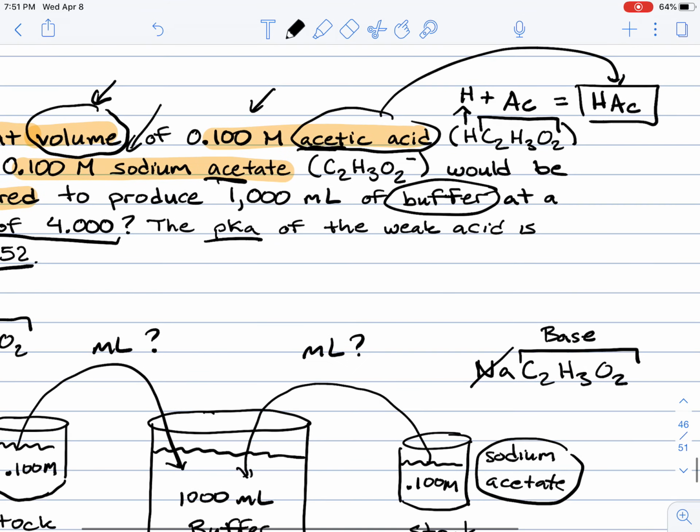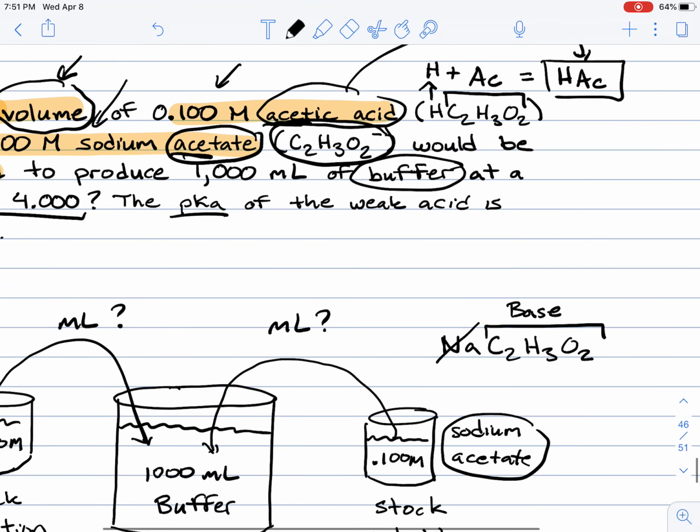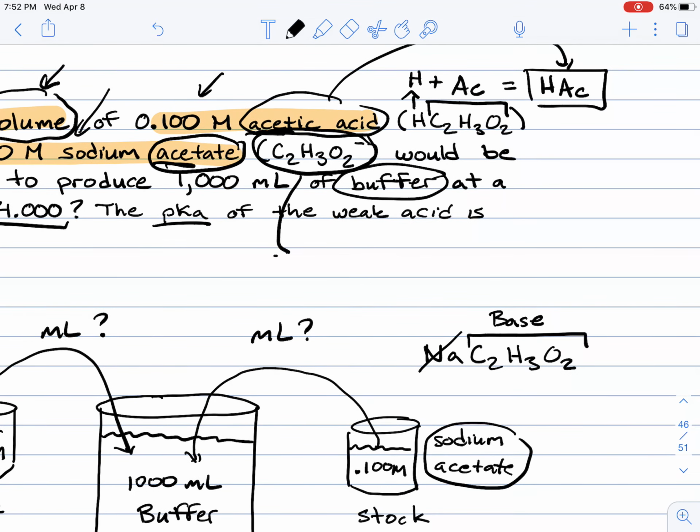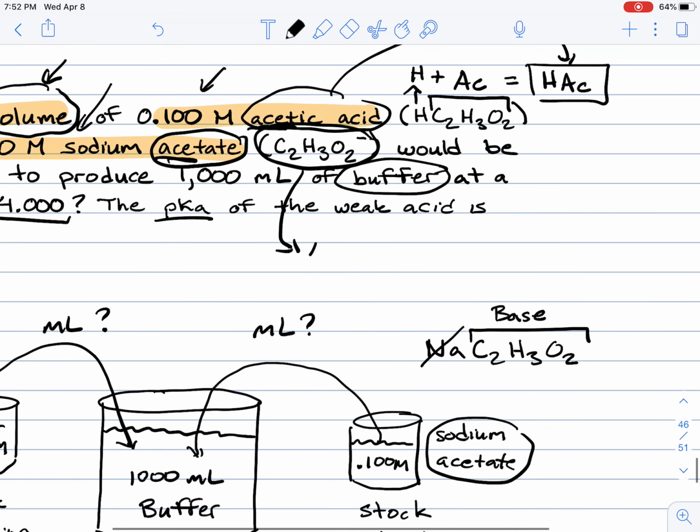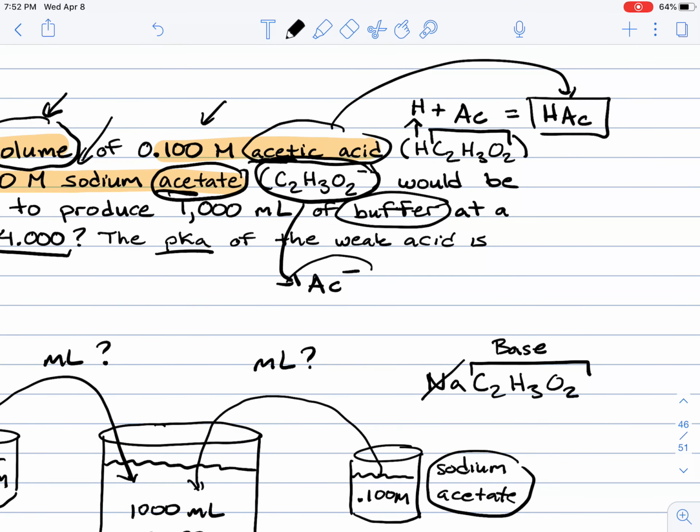Since I'm abbreviating acetate as AC, it makes sense to represent the whole chemical formula as AC with a negative charge, to represent the negative charge on the acetate. So this is going to be acetate, and this is acetic acid.